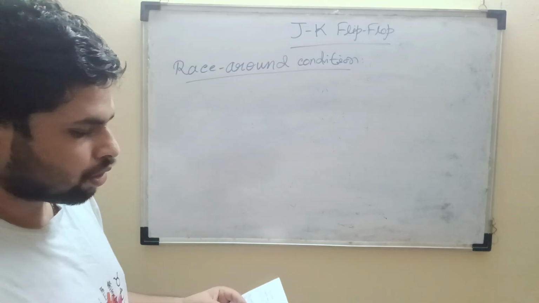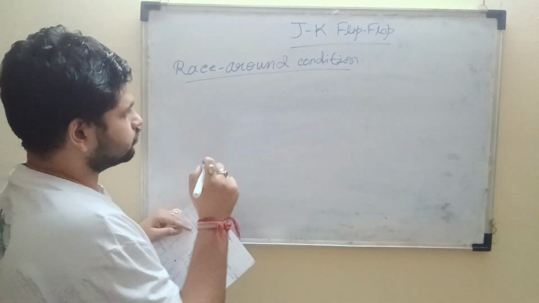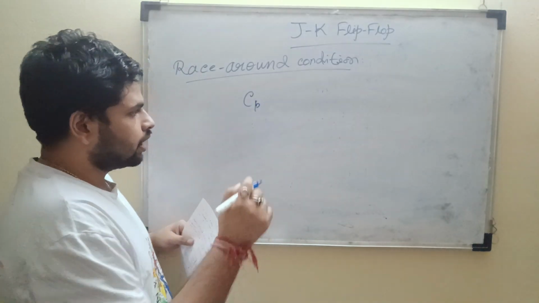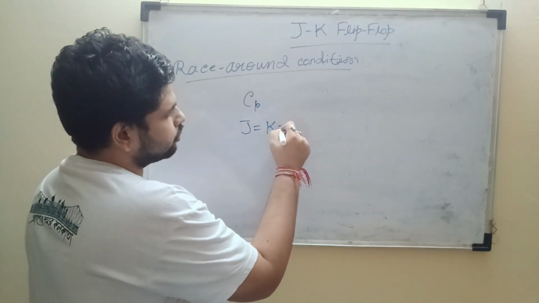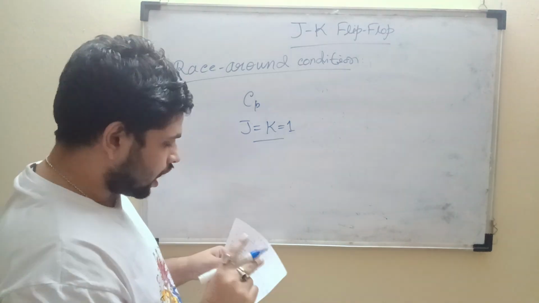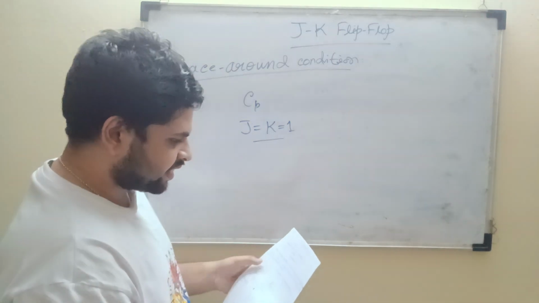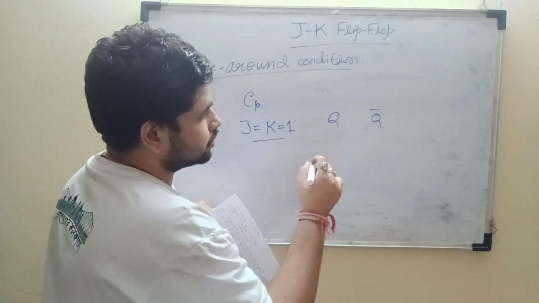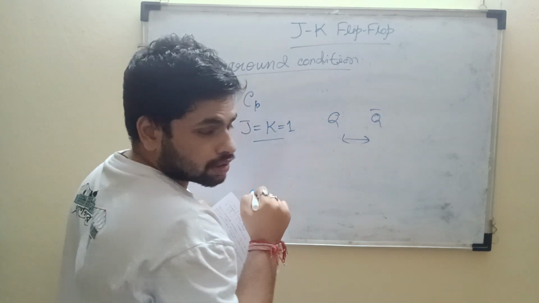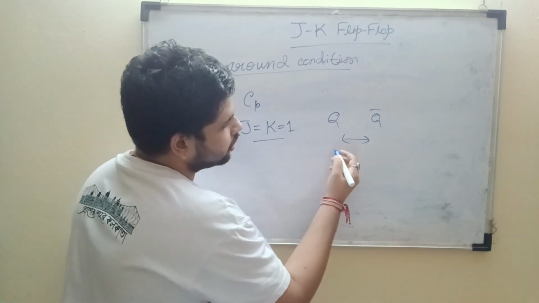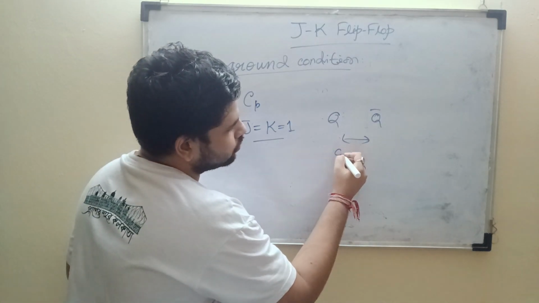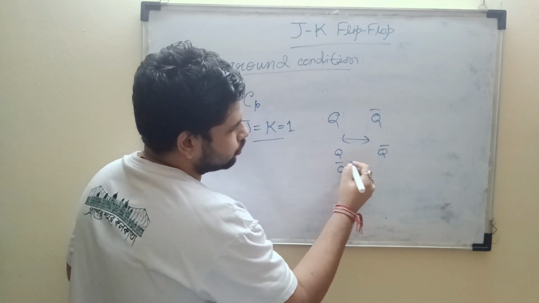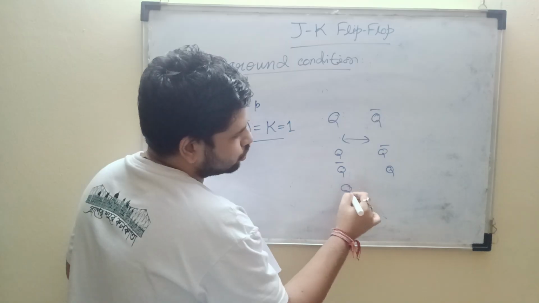When the clock pulse CP is too long, and J equals K equals 1, when both the inputs are 1, the outputs Q and Q bar become toggled between each other. First, let's say the value Q comes, next moment it goes to Q bar, then again Q, then again Q bar.